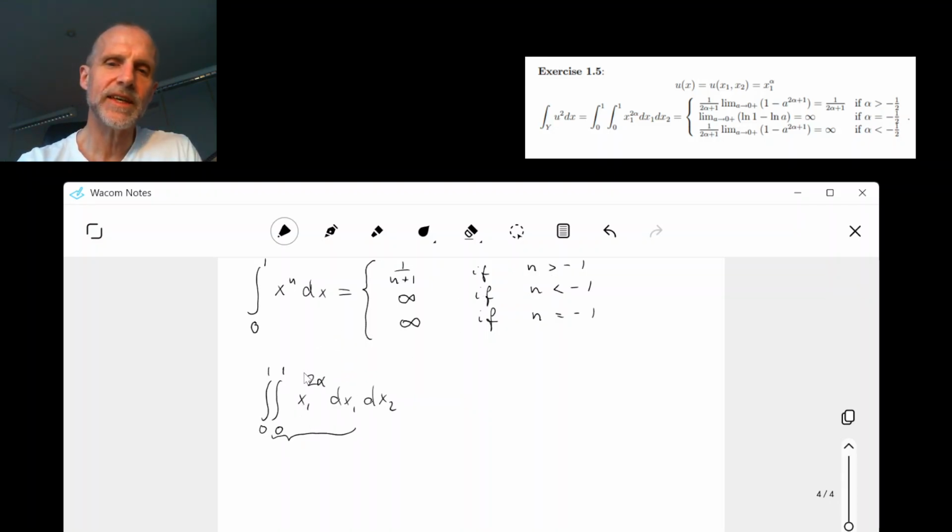And n in this case is just equal to this 2 alpha. So this means that the integral is just equal to, we have 3 different cases.